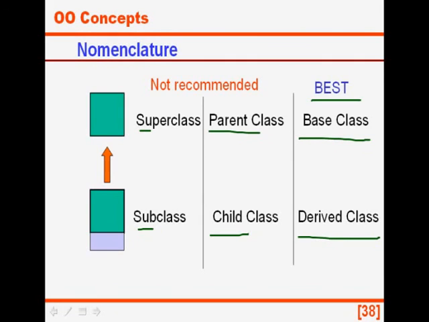While in fact, the base class is smaller than the derived class, because in the derived class we have all the functionality of the base class plus the additional functionality of the derived class, which is extra. So in terms of the code and the number of functions, the derived class is larger than the base class. So we really recommend the use of the words base class and derived class when talking about inheritance.